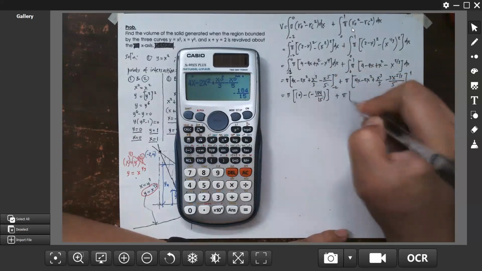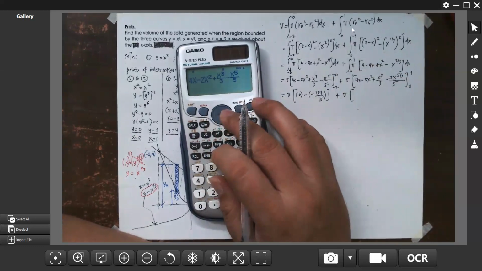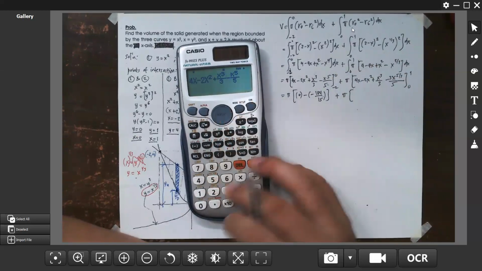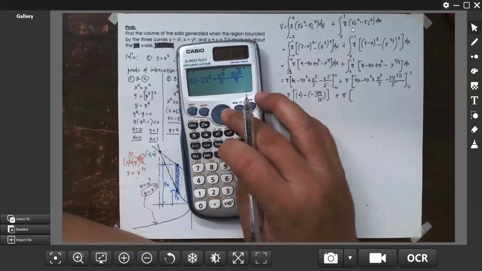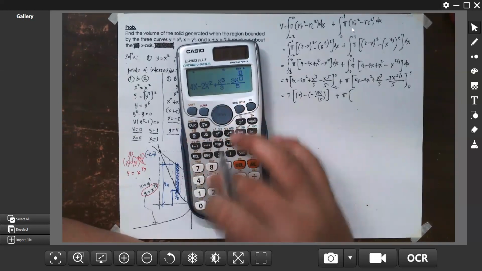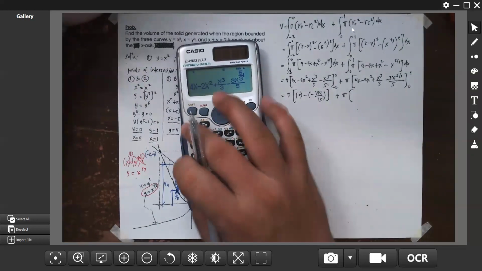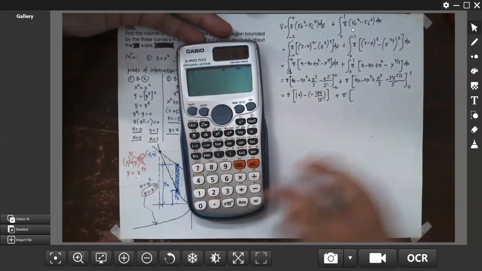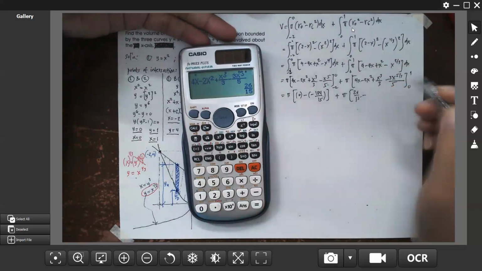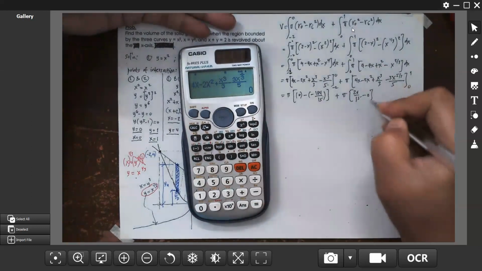Next, 4x minus 2x squared plus x cubed over 3 minus 3/5 x raised to 5/3. Calculate from 1, you have 26 over 15 minus 0, which is 0.